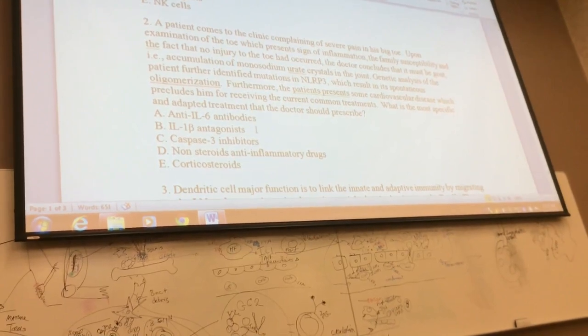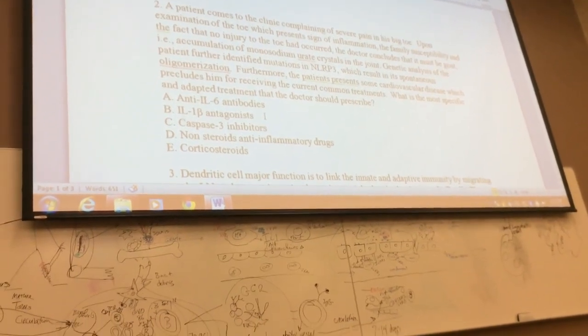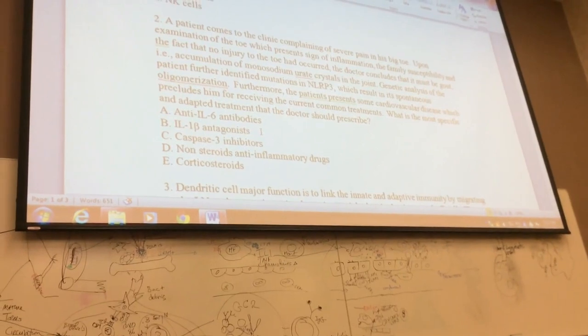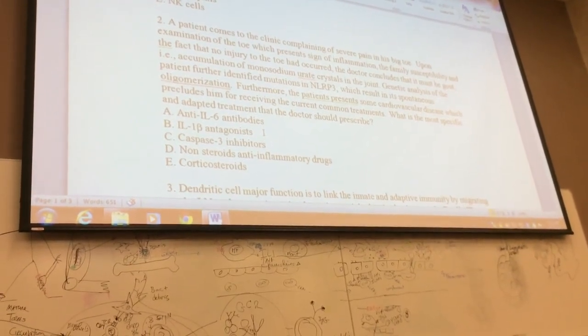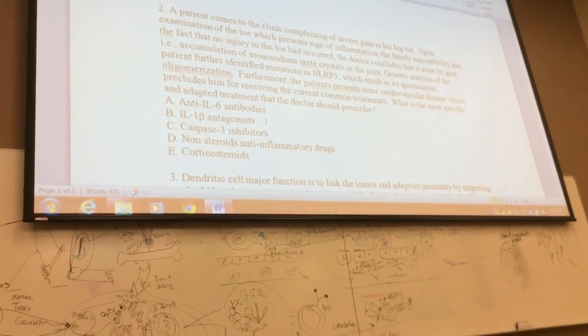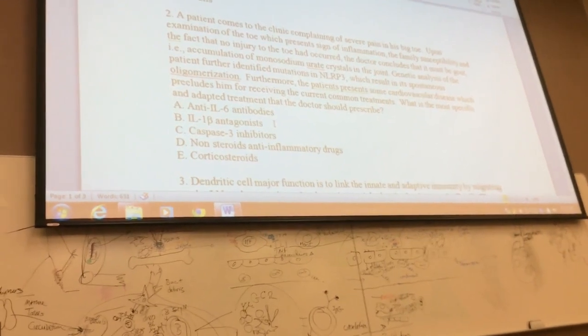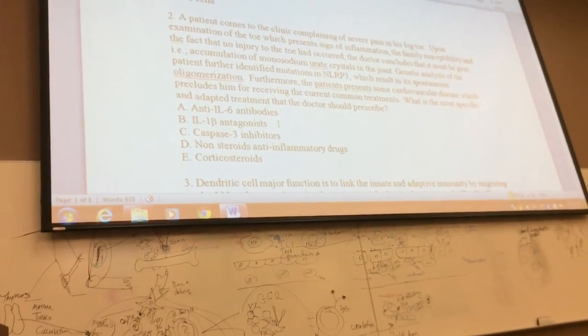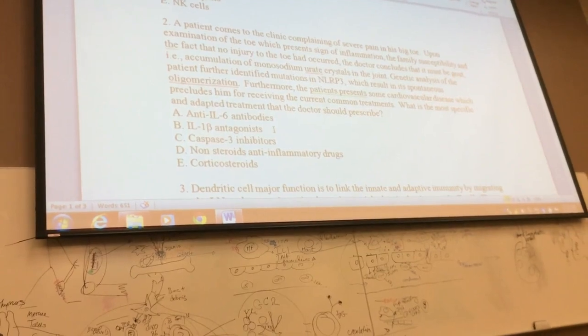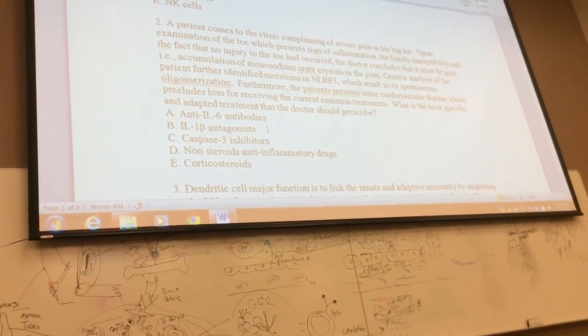And so remember the NLRP3 inflammasome, what does that lead to once it's activated? You remember? I know that I was trying to ask questions on stuff that was not necessarily something I was going to ask during the exam, but just to show you what the format will be.